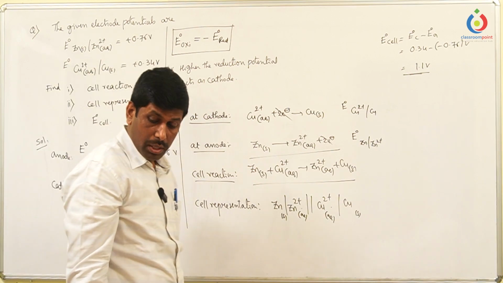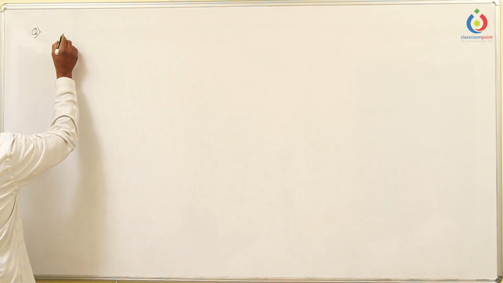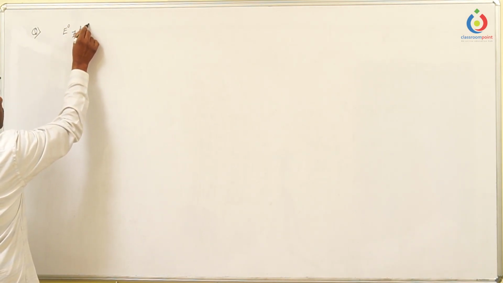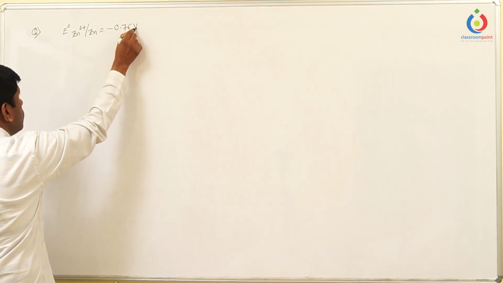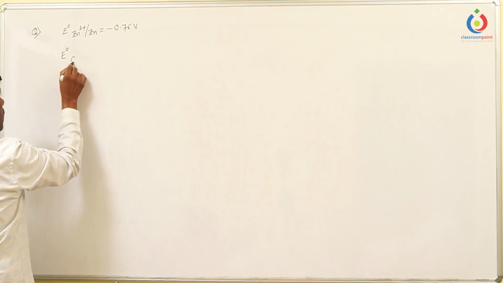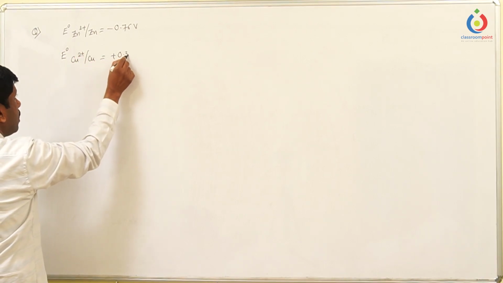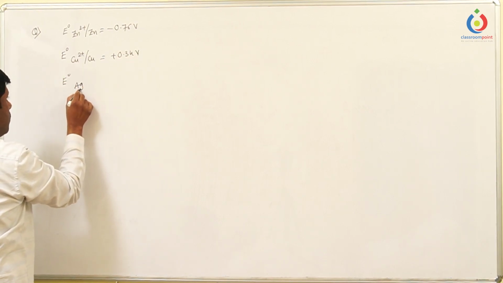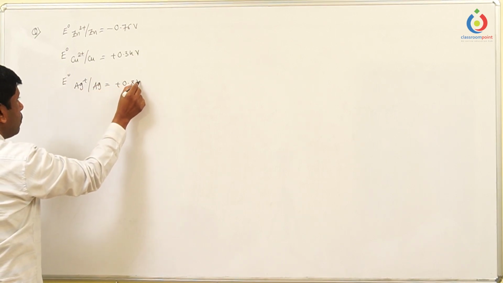Now let us take another question. The given electrode potentials are: E0 of Zn2+ by zinc is minus 0.76 volts, E0 of Cu2+ by Cu is plus 0.34 volts, and E0 of Ag+ by Ag is plus 0.8 volts.